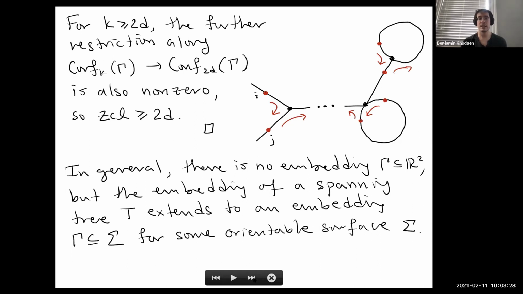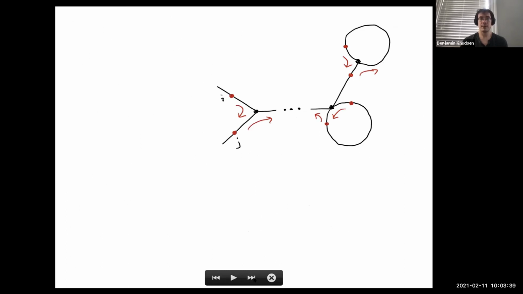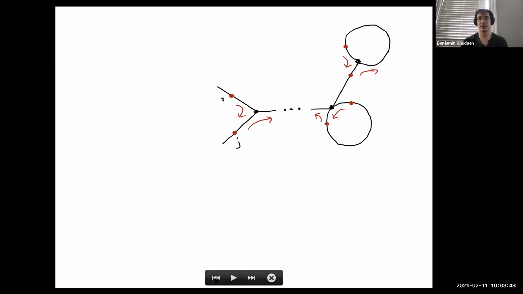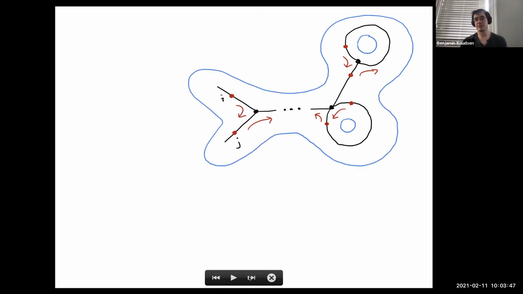So even more specifically, my graph is the one skeleton of a CW structure on this orientable surface. Okay, so here is the picture. We had our graph, and we can put it inside of a surface. The surface is blue, or I guess the boundary of the surface is blue.